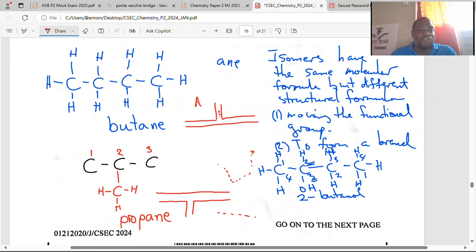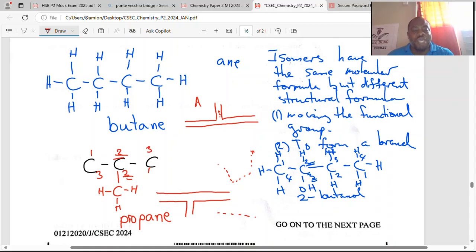You need to ensure that the branch is on the lowest carbon possible. So you number both ways. If I number that way, the branch ends up on carbon number 2. If I number that way, the branch still ends up on carbon number 2. So we're good right here.